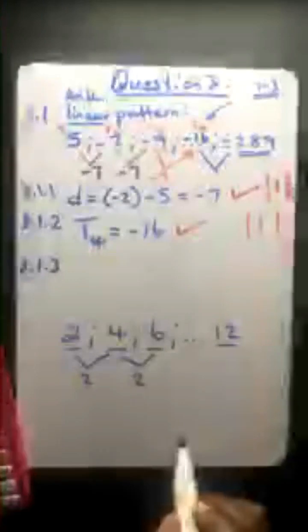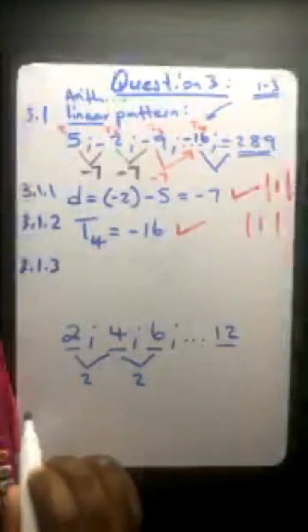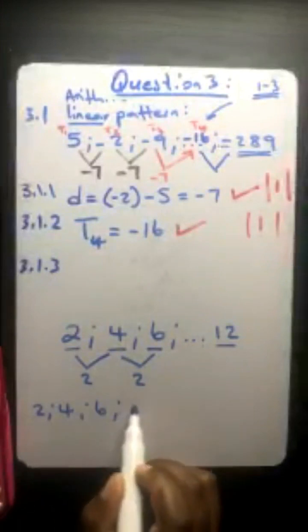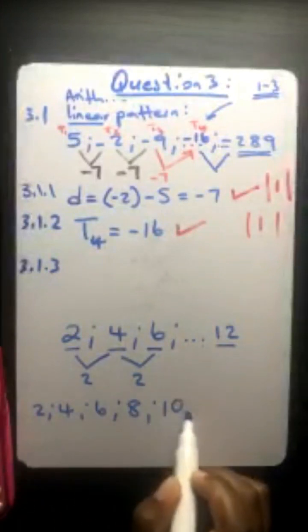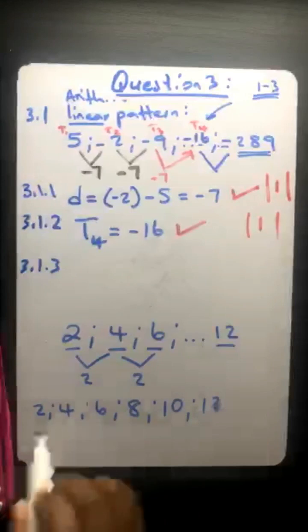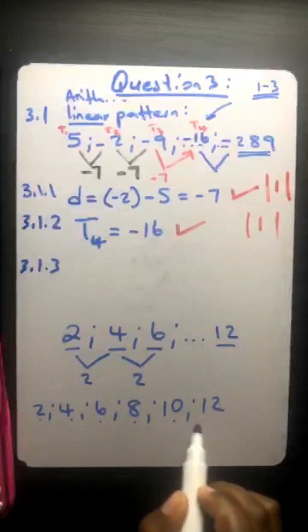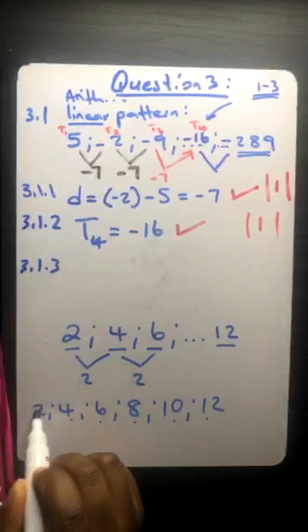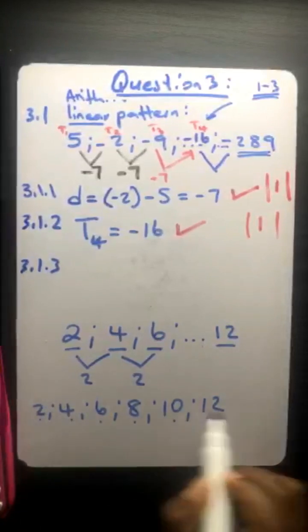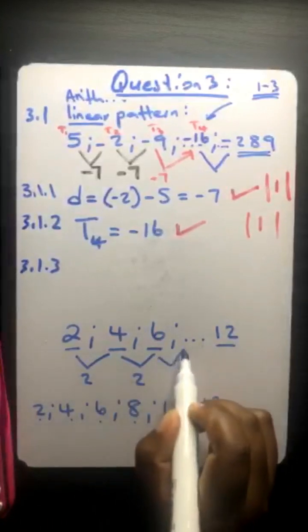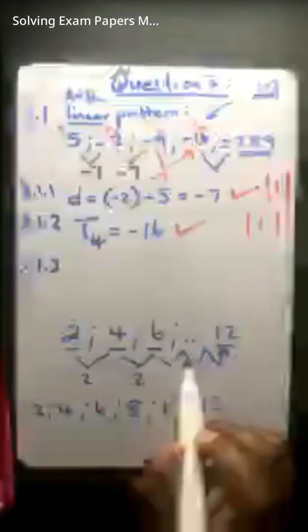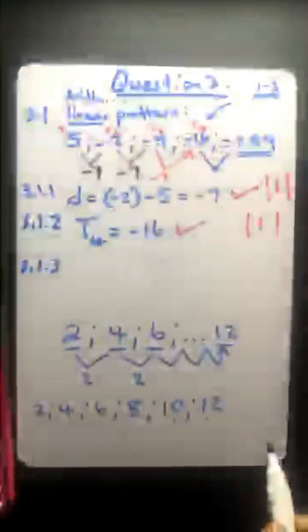So instead of writing 2, 4, 6, 8, 10, 12, and then 1, 2, 3, 4, 5, 6, instead of manually writing everything by adding 2 until you get to 12, you use the formula for an arithmetic or linear pattern to calculate.